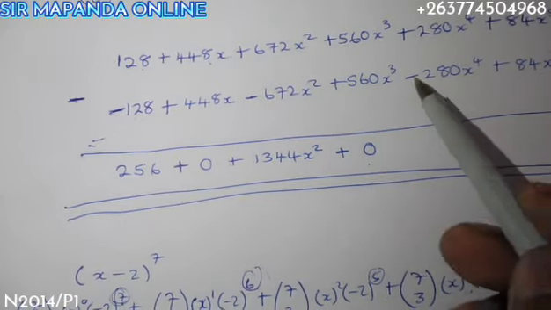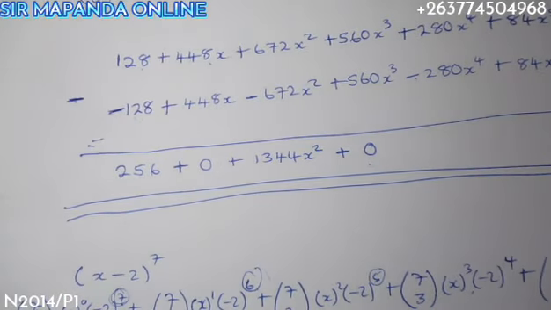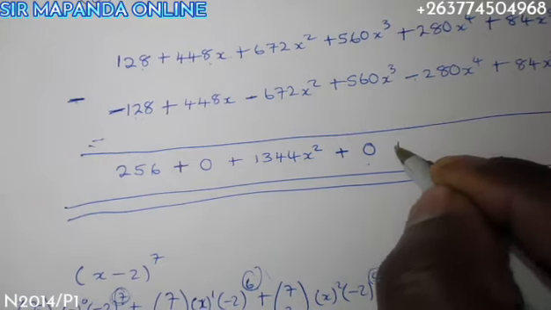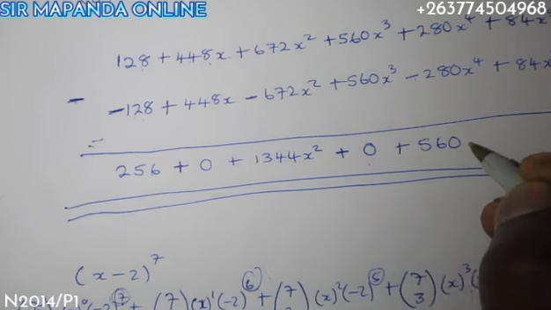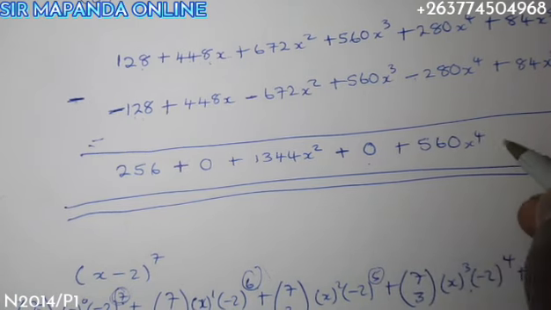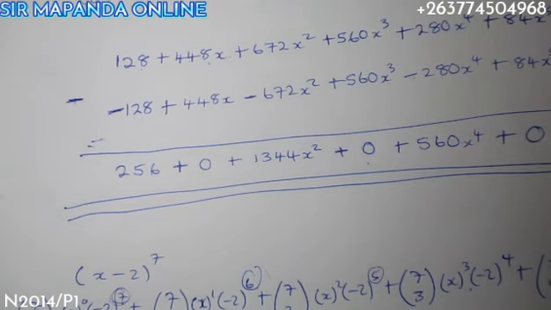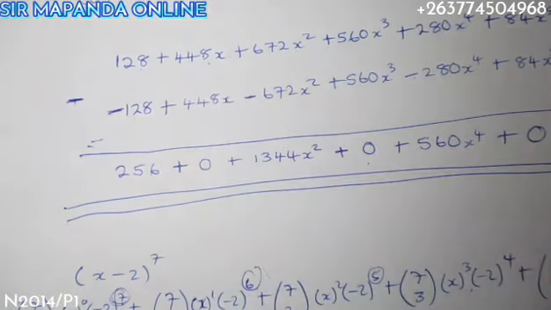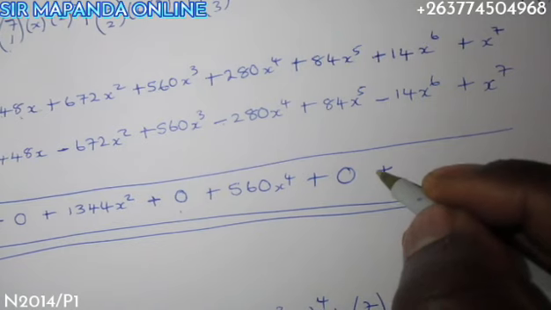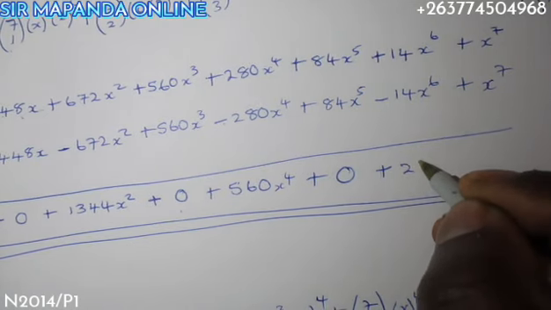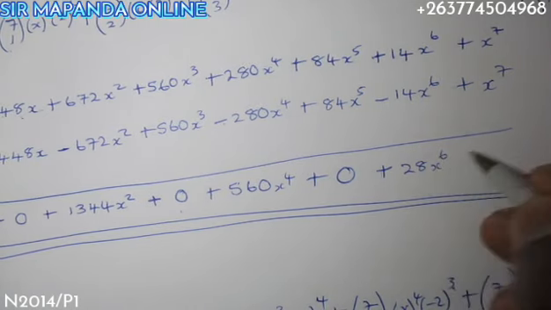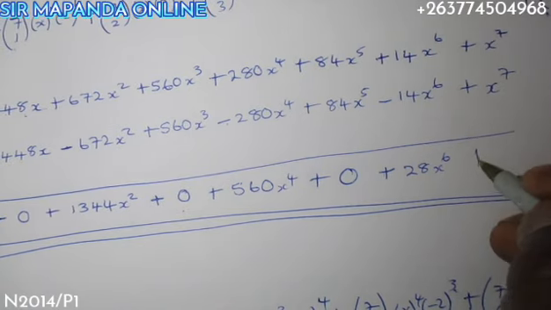Then minus and minus, you get plus. So it's simply 280. We are saying 280 times 2, you get 560. So this is plus 560 x to the power 4, and this one is 0. Minus and minus, you get plus. So this one becomes 28x to the power of 6, and x to the power of 7 minus x to the power of 7 is 0.